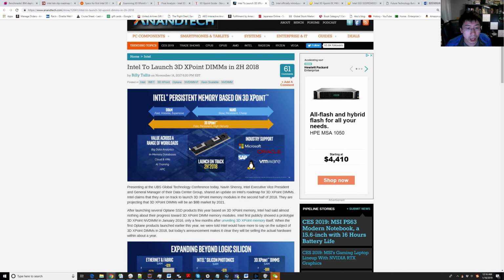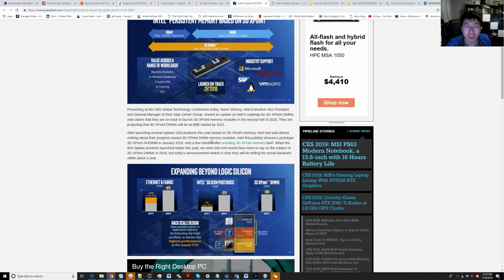They said, okay, you can see it looks like a memory stick for the people that have seen a memory stick. You're saying, oh, you can have a higher density, cheaper, and faster DRAM that's also non-volatile, that's persistent. Sounds great to me. Says it's gonna come out second half of 2018. This is now 2019. Nothing. Why? Because endurance is not there.